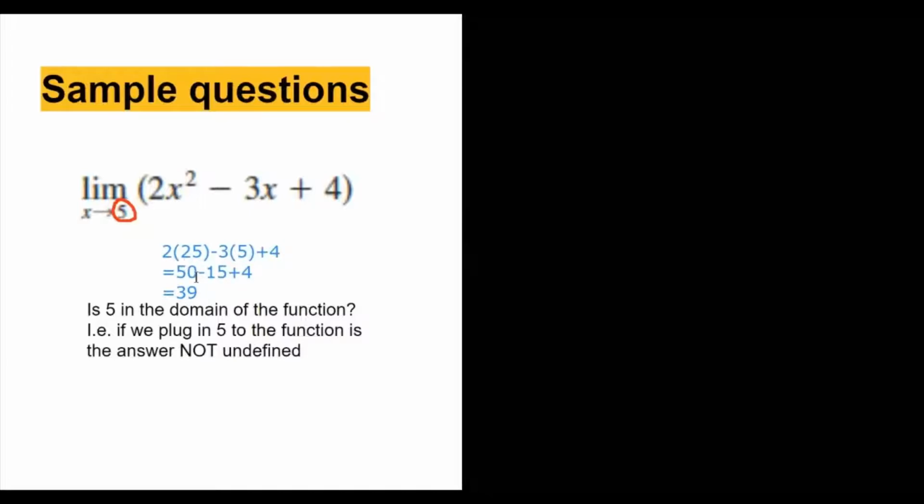If we get a concrete value, it means that this number, which here is 5, lies in the domain of f of x. So we plugged 5 into f of x, and then we got a finite value.